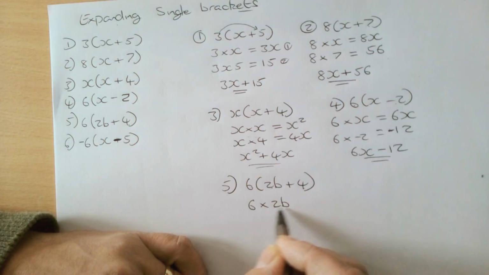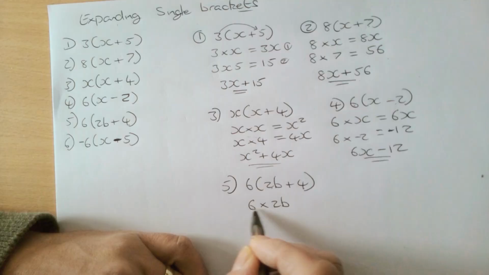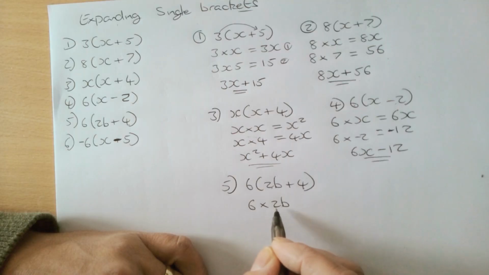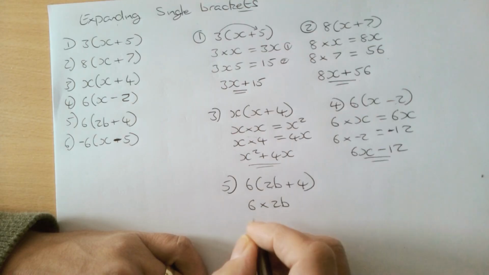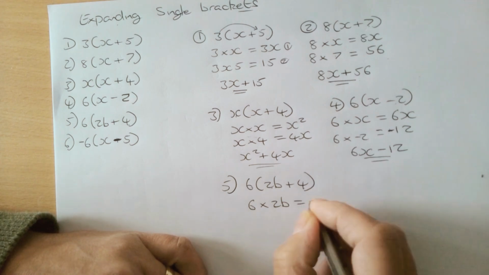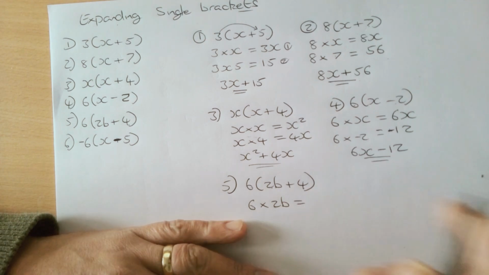So 2 6s are 12, or 6 2s are 12, either way you do it makes no difference. So it's 12b.